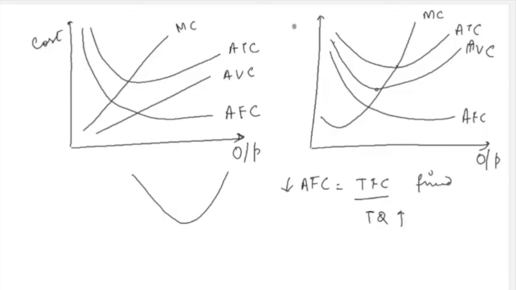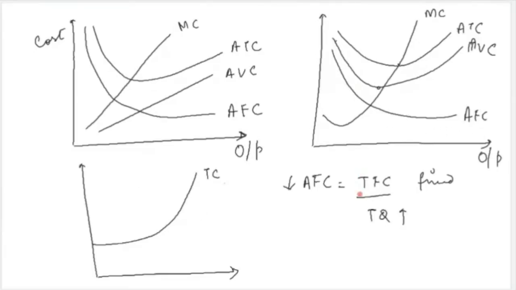And that's exactly what you see here when you look at the shape of the average fixed cost. You notice that as output increases, the average fixed cost is decreasing. You see a downward shaped average fixed cost. What is happening is, you are dividing total fixed cost over a large number of outputs, so obviously the average part that remains will keep decreasing as the denominator keeps increasing, and that's why you notice the average fixed cost to be a decreasing curve.